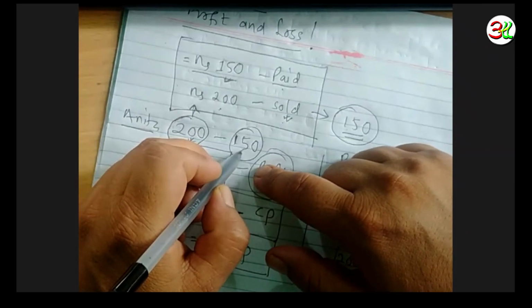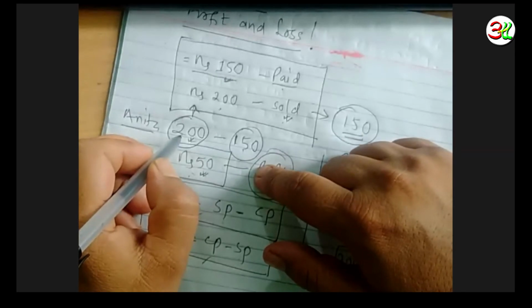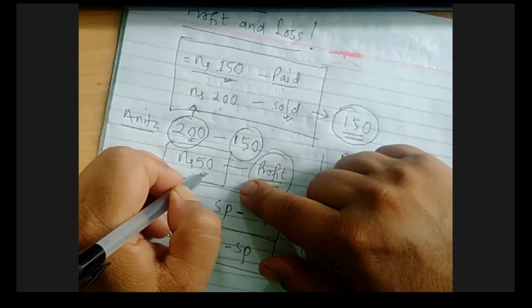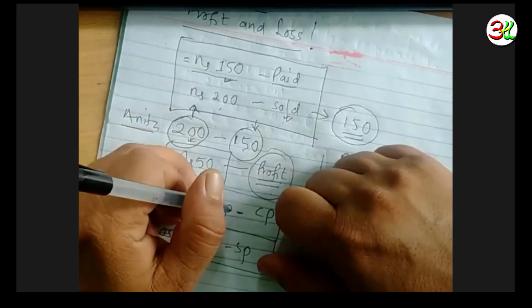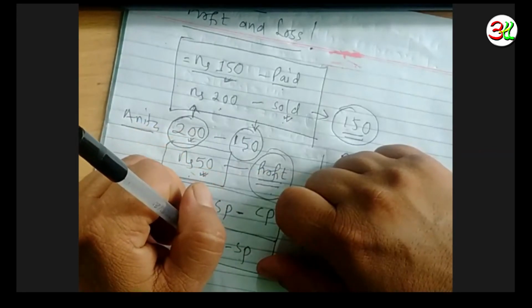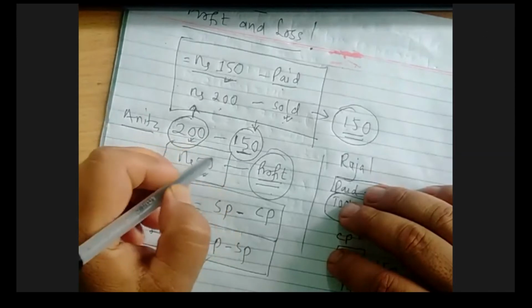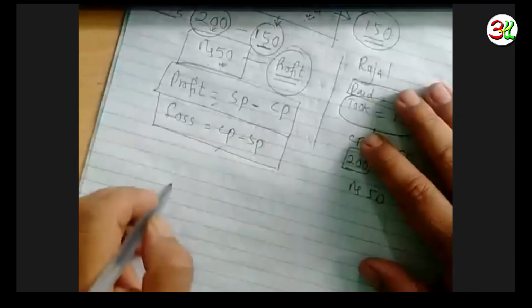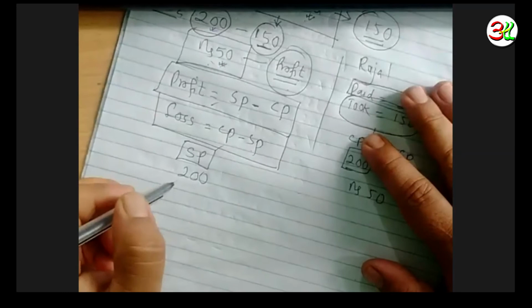Other students except Anita, tell me, is that 50 rupees profit on 200 or on 150? 200. With respect to 150, she got a profit of 50 rupees. Okay, 200 is the selling price. Anita's selling price is 200.